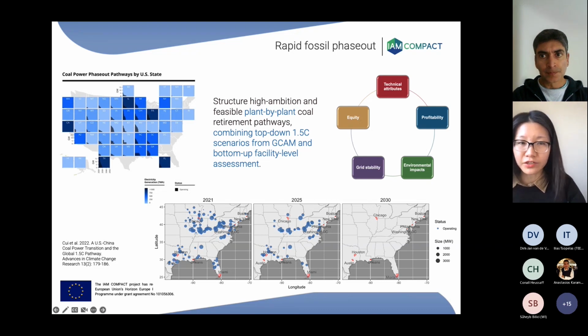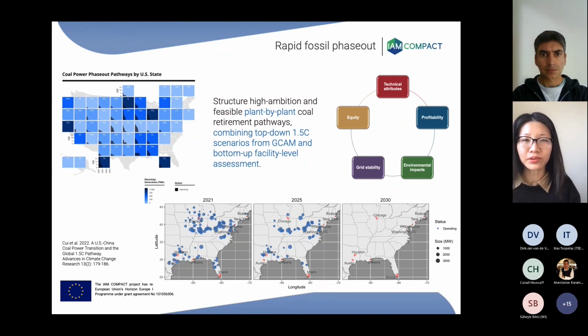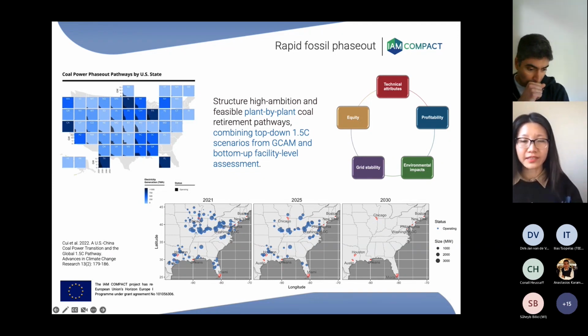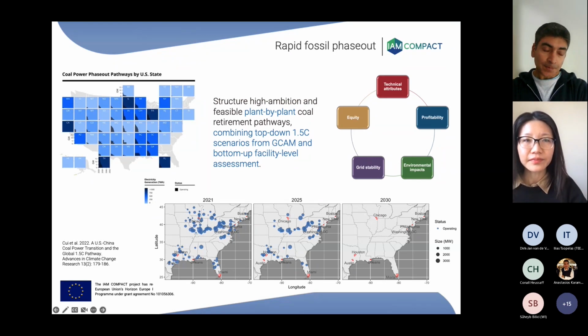So we look at individual coal-fired power plants in the US, and we develop a retirement algorithm to decide how the individual coal plants can be retired in a feasible pathway, based on multiple dimensions, not just climate change, but also, for example, their local environmental impacts and how their economic performance looks. So we base on that multi-criteria to develop a plant-by-plant retirement pathway.